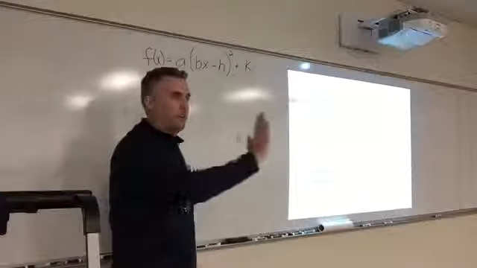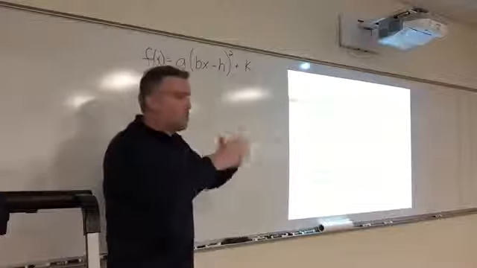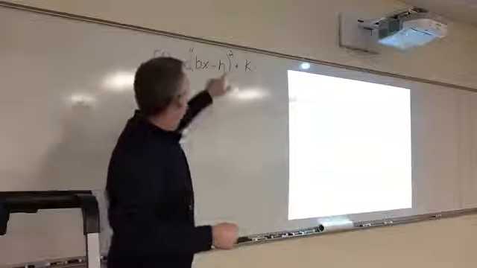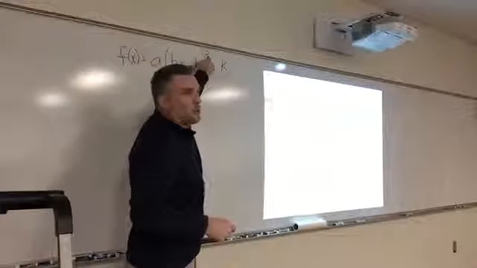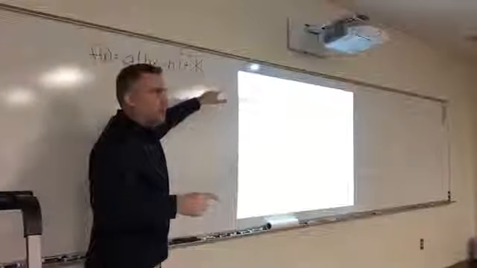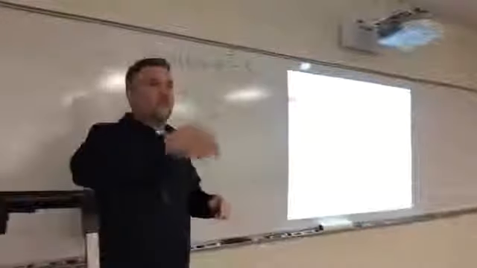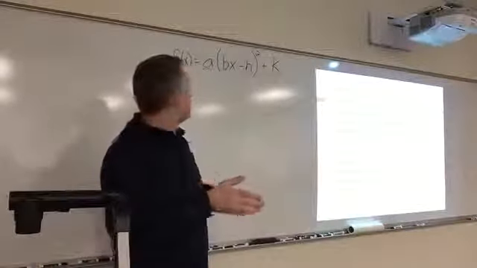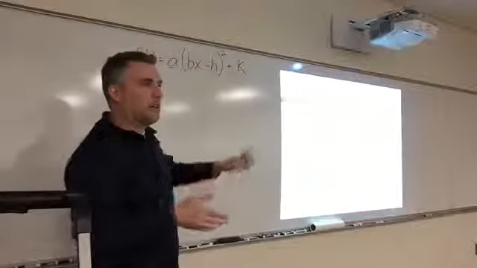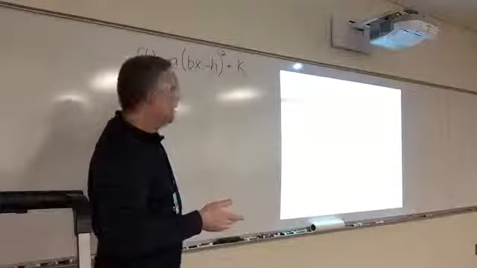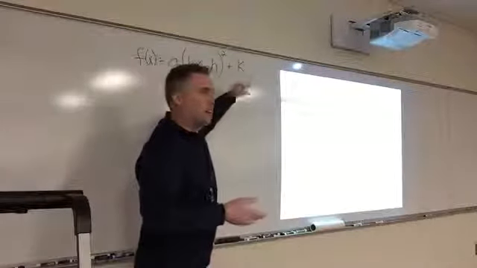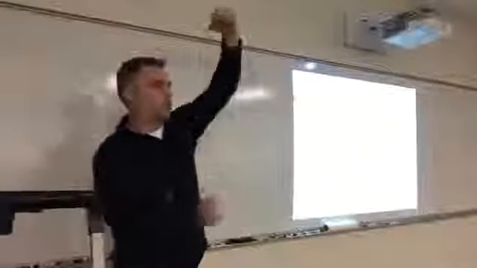Pick it up and move it. After B and H are done doing whatever they want to do, then order of operations says we're going to square it. That's my parent function. Okay? After the parent function is done, who gets some action here? A and eventually K. What's A going to do? Vertical stretch or shrink.